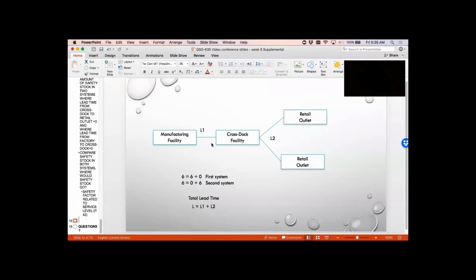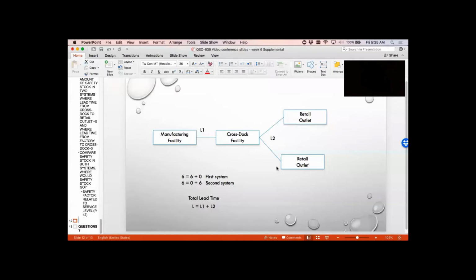And if you look at where the lead time from the manufacturing facility to the cross dock is 0, then all of your lead time is at your retail outlets. So where would you put your safety stock?